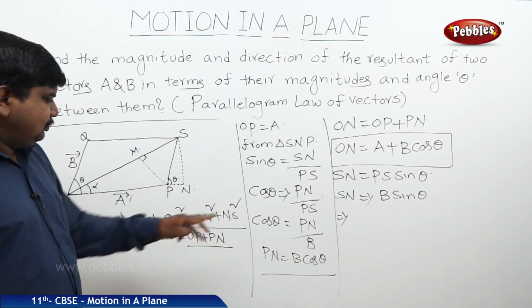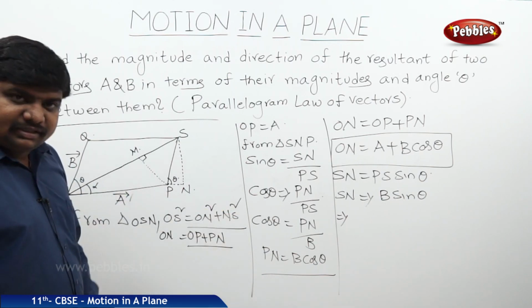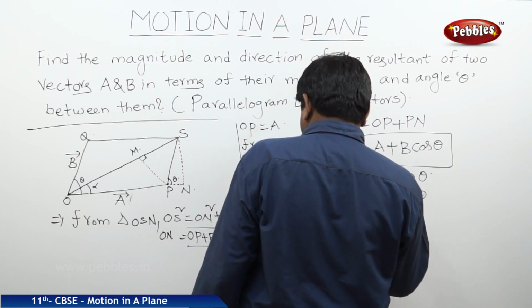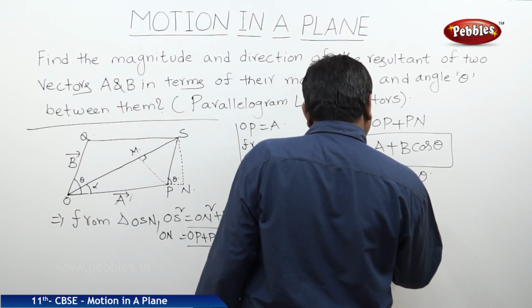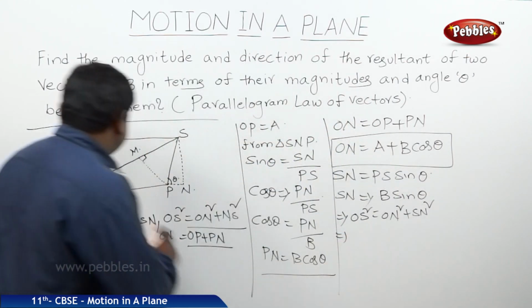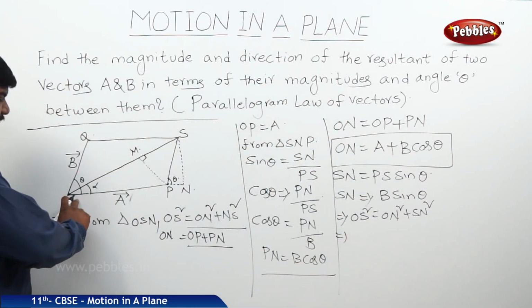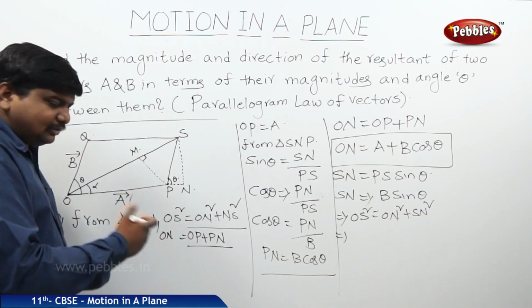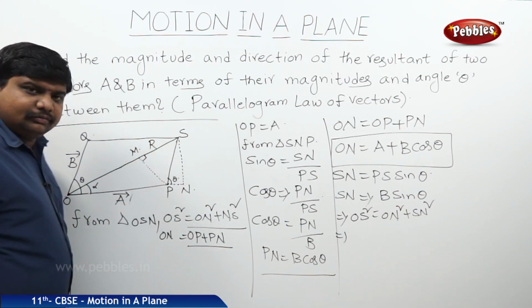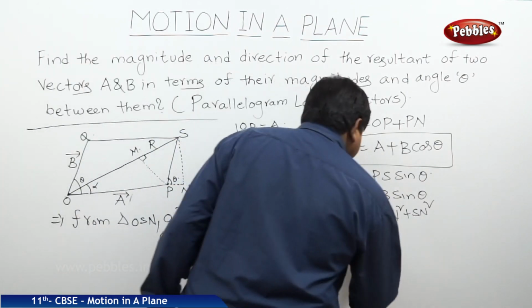So OS square is equal to ON square plus SN square. OS means the length of the diagonal from O to S, let us say R. Therefore, OS we can write as R.